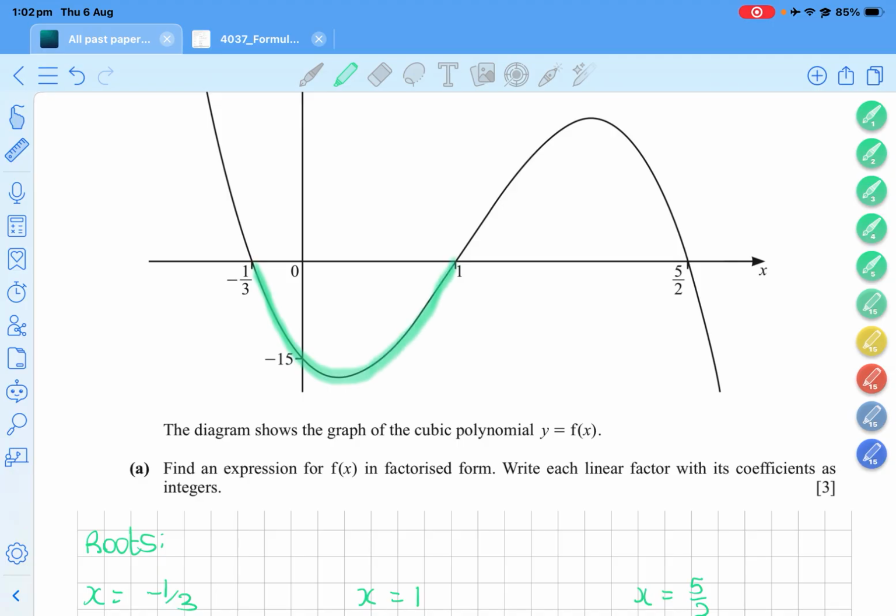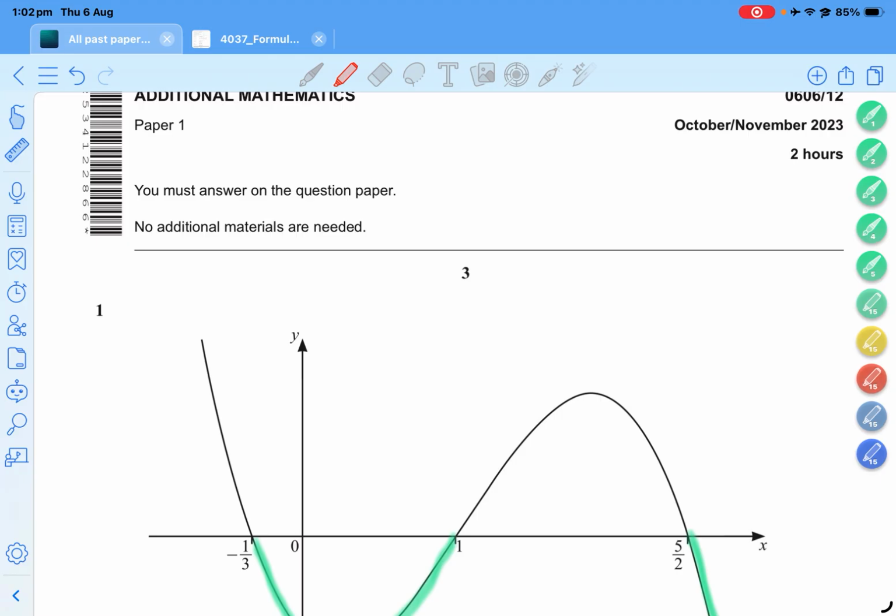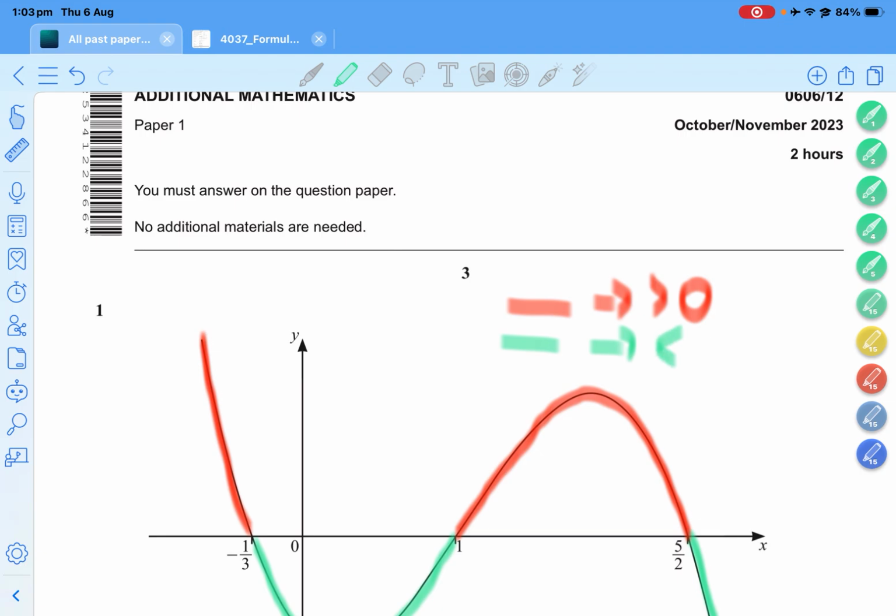The red parts are those which are greater than 0, and the others are less than 0.